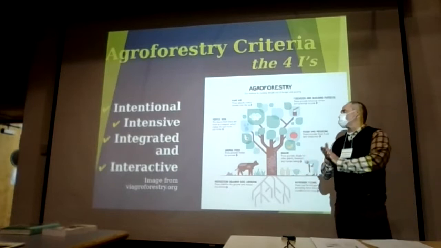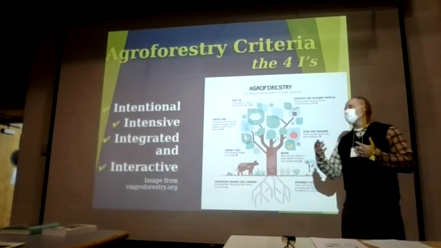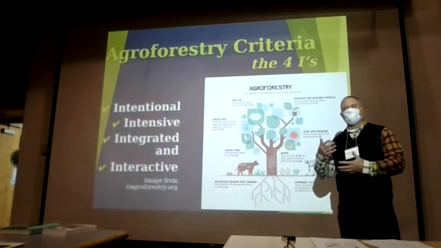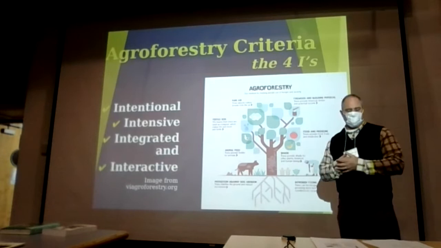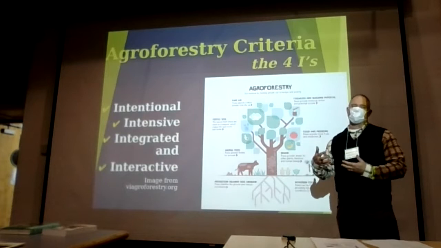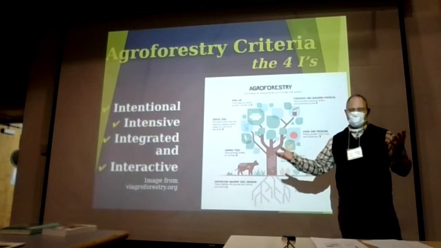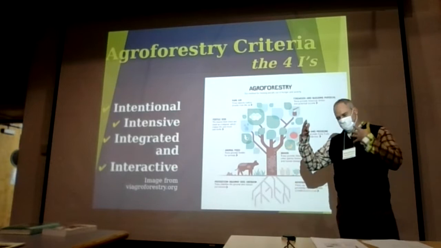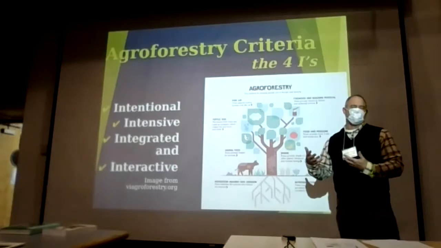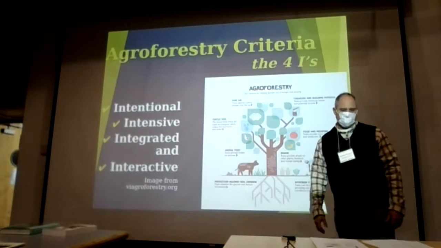And we use these 4 criteria, the 4 I's, as a way to understand when we're developing these different solutions to problems on the farm. Is it agroforestry? Are we actually practicing agroforestry, or are we doing something else? And there's no good or bad to that. It's just, if we're going to call it agroforestry, we need to know that it is agroforestry, versus say another type of conservation practice. Next, please.